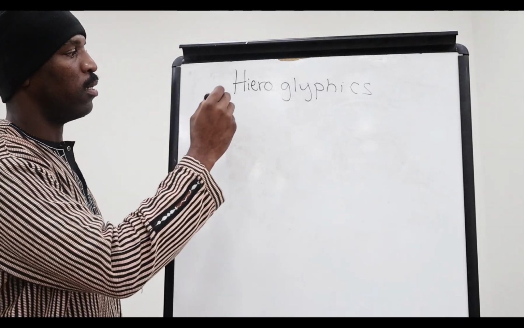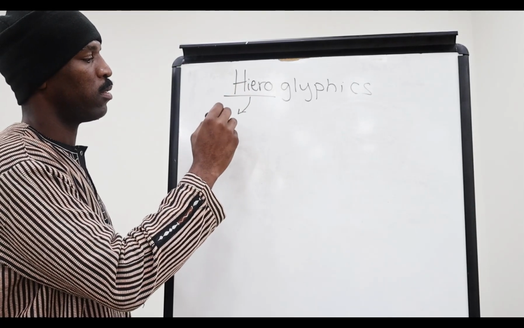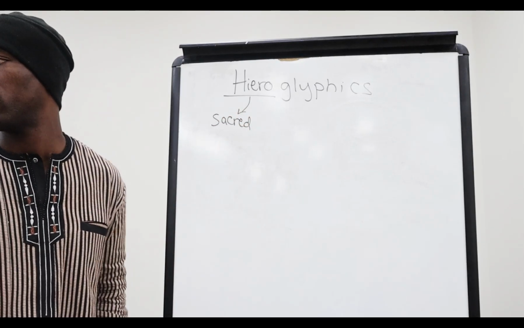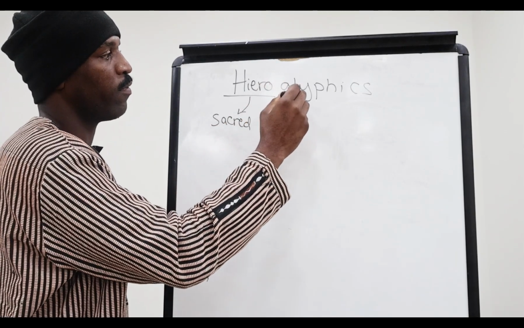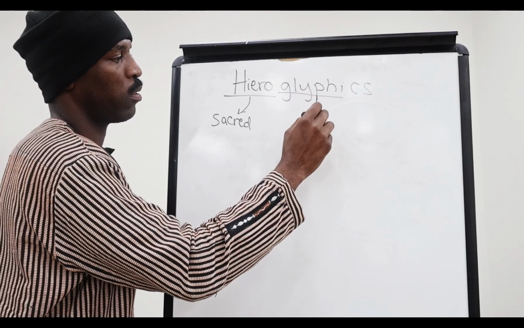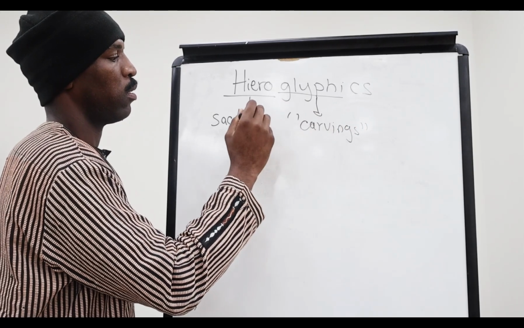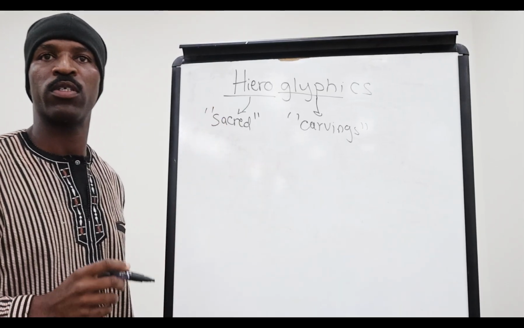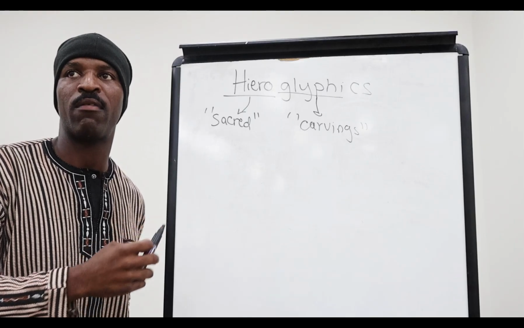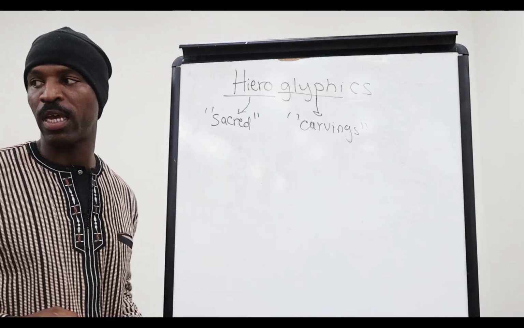Okay, the word hiero in Greek means sacred, right? And the word glyph meant carving, right? So they believed that the hieroglyphics were sacred carvings or the writing of the gods. That's what they believed that the hieroglyphics was. Gods communicated. That's what that means, sacred carvings, right?